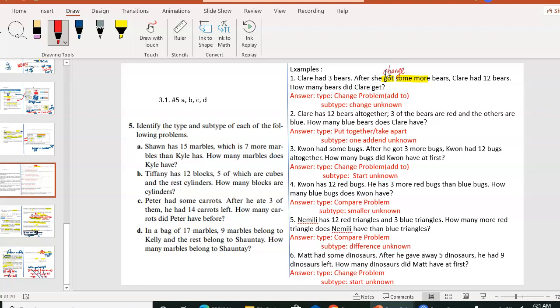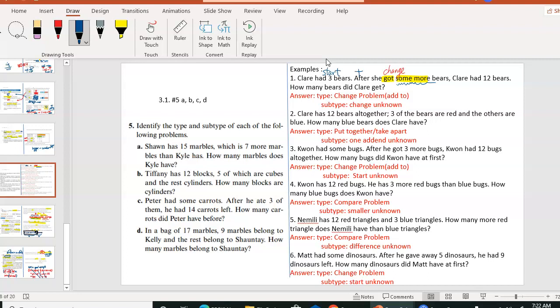Okay, so next, let's determine the subtype. The subtype here depends on which one is the unknown. So for example, got some more, we don't know how many she got. Which means this is a change unknown problem. Now, she had 3 bears. That's what she started with. So the start is known.